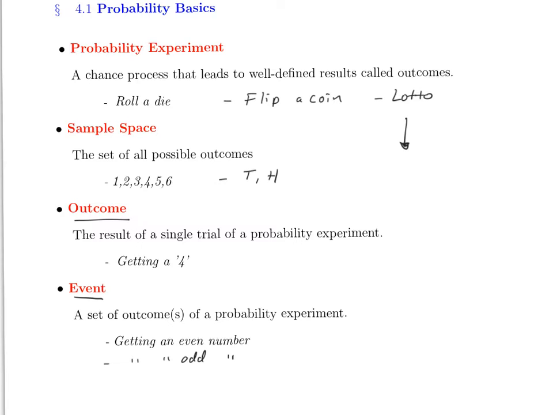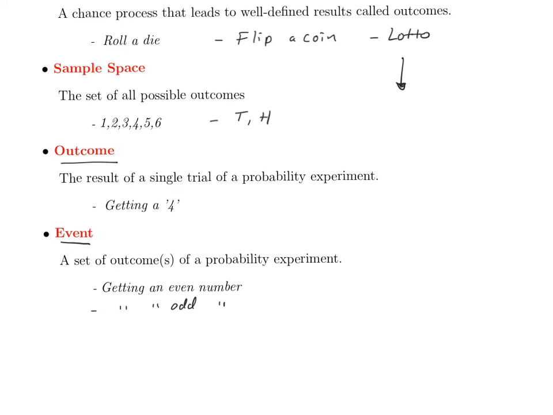For the coin, you only have 2 outcomes, and in this case that means you also only have 2 events. This is the most simplistic experiment, which only has 2 outcomes.